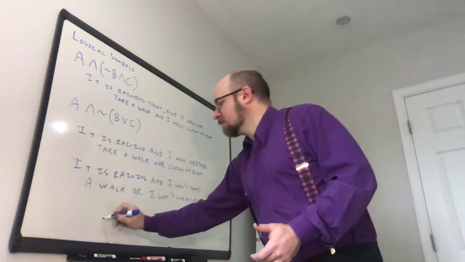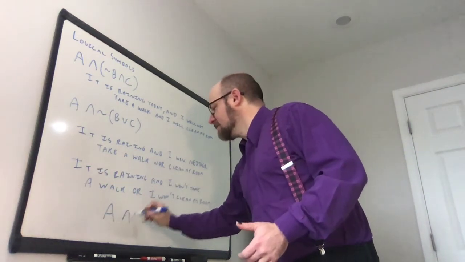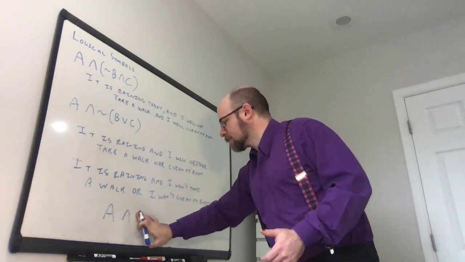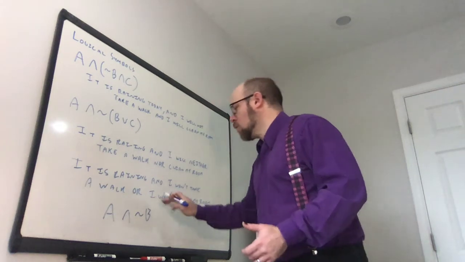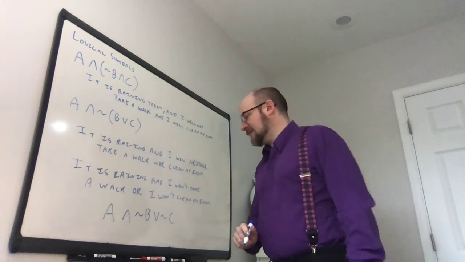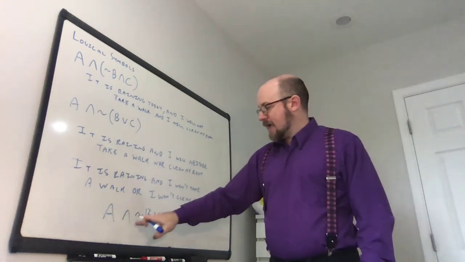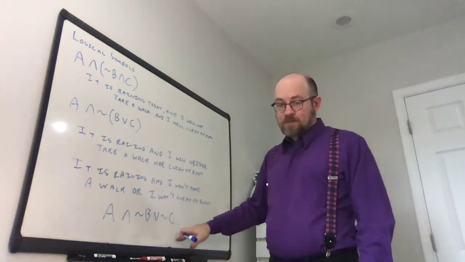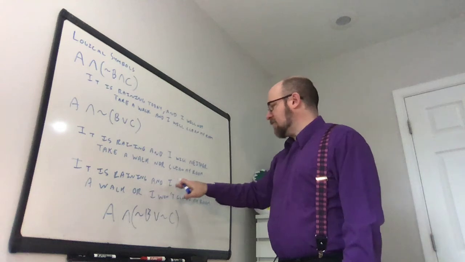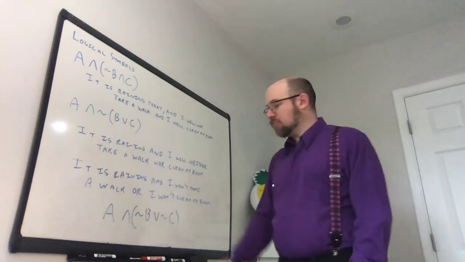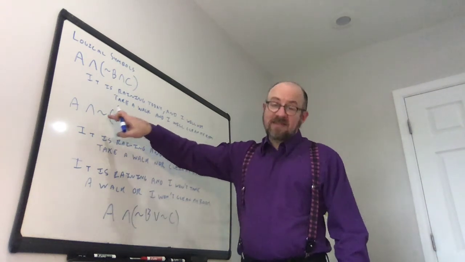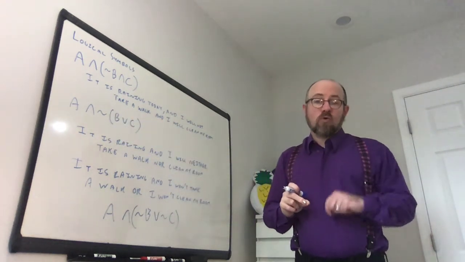So it is raining, so A, and I won't take a walk is not B. Or I won't clean my room is not C. So this is A and not B or not C. Okay? If you want to, you can say, so these are kind of together. I won't take a walk or I won't clean my room. You could put them in parentheses. But not B or not C is not the same thing as not B or C.